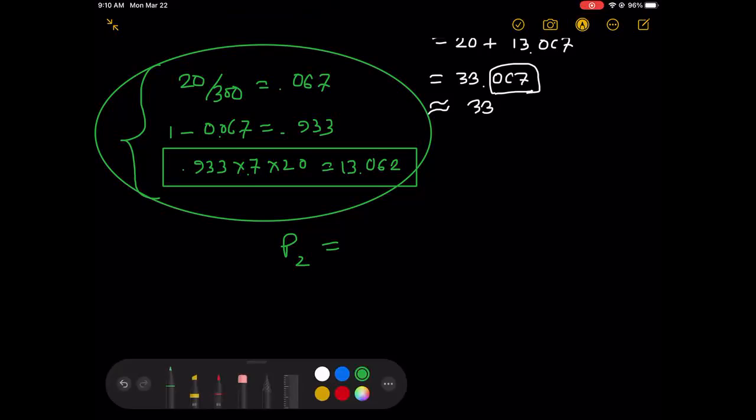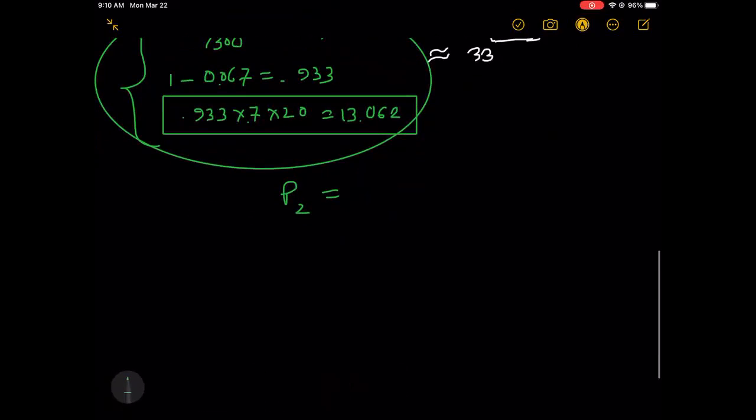Okay, Mary, can you tell me what should be the formula for P2? Yes, so from our earlier equation, you replace 20 with the answer we got in this equation, 33. So it goes 33 plus 0.7 in parentheses 1 minus 33 over 300 times 33.